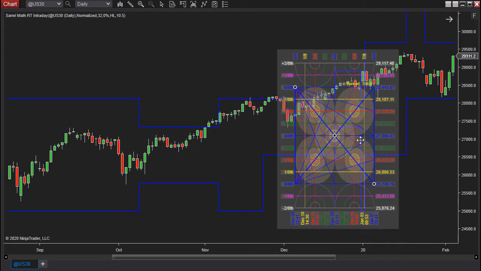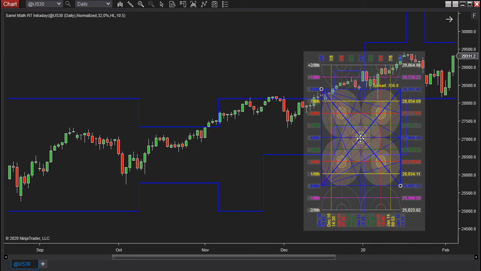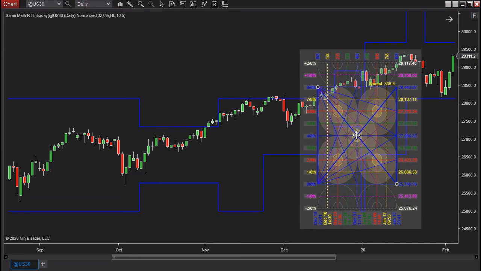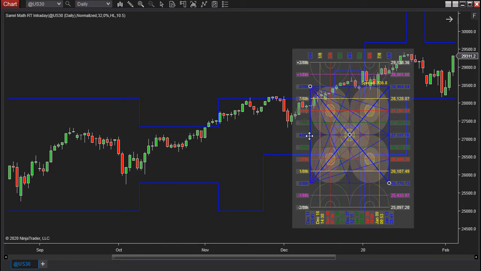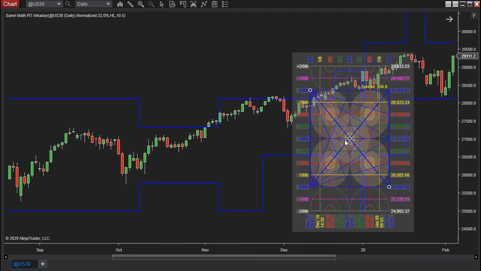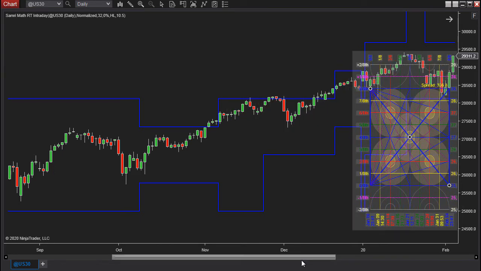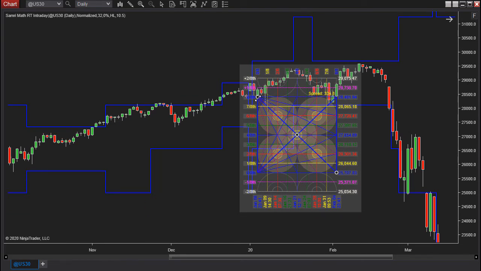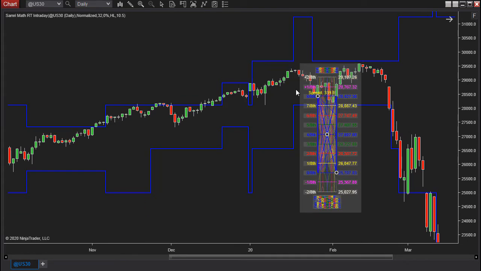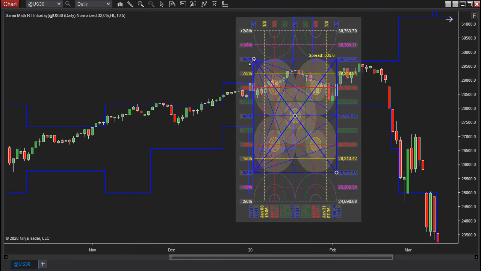As time passes on, it moves on to the next. If we're working on a 16 bar square size, it'll keep shifting this in time every 16 days. And while doing that, it'll also be changing the price levels. So the 0, 8, and 8, 8 would be here. So it'll automatically adjust them.